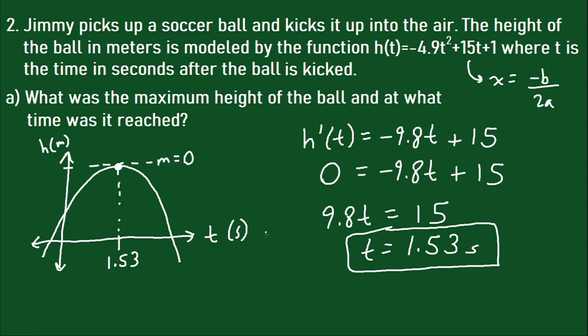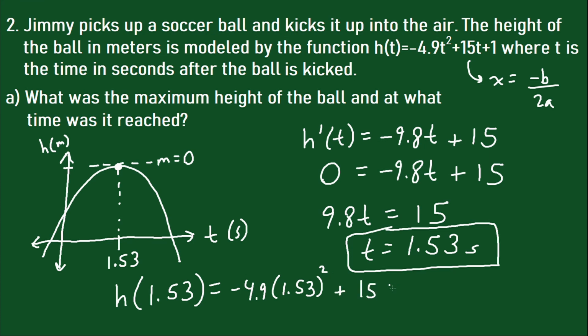Okay, so now we want to figure out what the maximum height is at that point in time. Well, all we have to do is plug that value, 1.53, into our original equation for height. If we do that, we'll get -4.9 times 1.53 squared plus 15 times 1.53 plus 1.